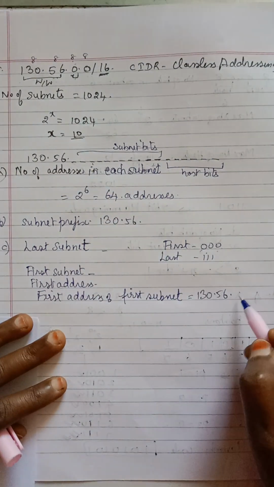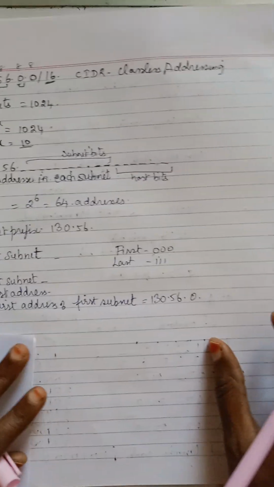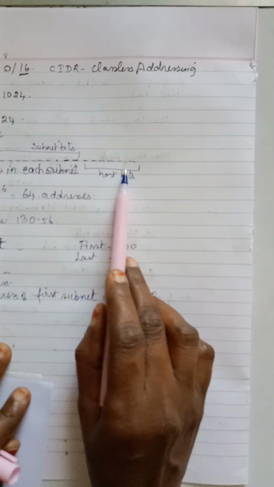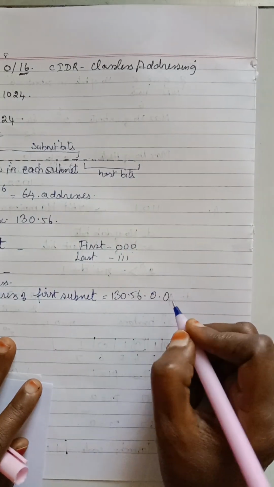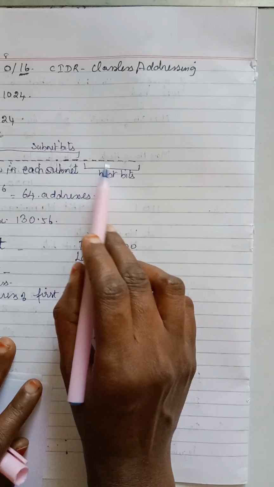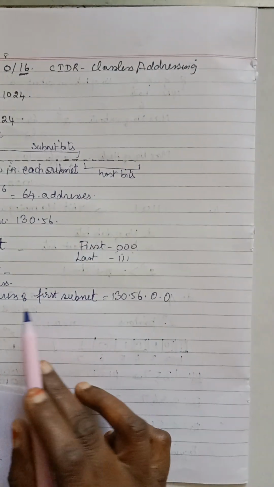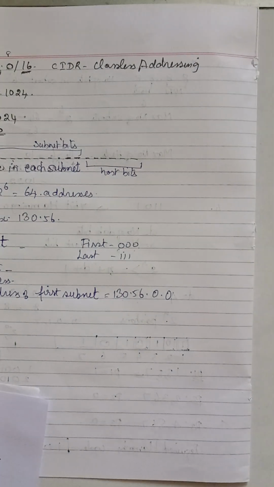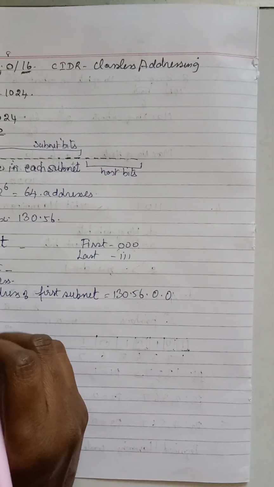Next, these values will all be 0. Then the host bits are also 0, because this is the first address, right? So the first address of the first subnet is 130.56.0.0.